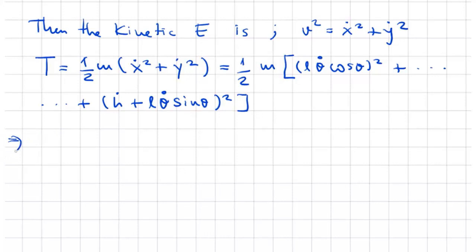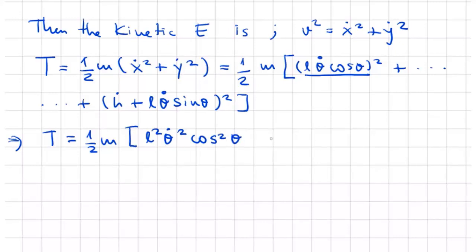So we do this, T is equal to 1/2 of the mass. Okay, let's do this part. This part is going to be L squared theta dot squared cosine squared of theta plus, let's do this part right now.